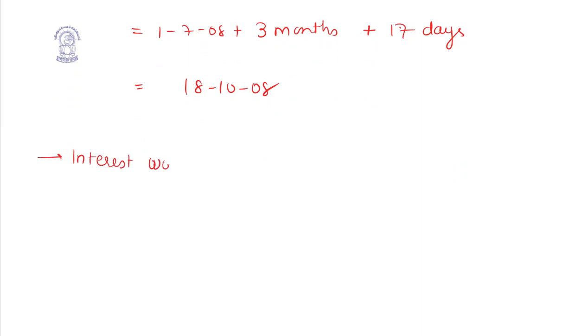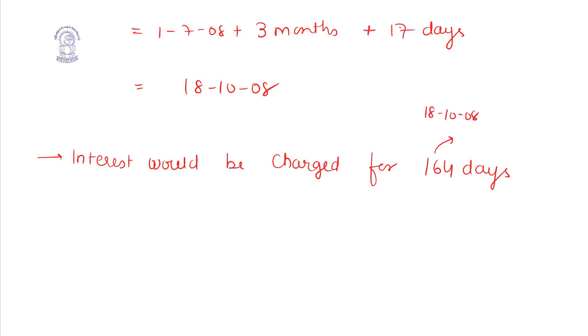Calculate the interest on drawing. Interest would be charged for 164 days. This is the delay, from 18/10/2008 to 31st March 2009, year end.